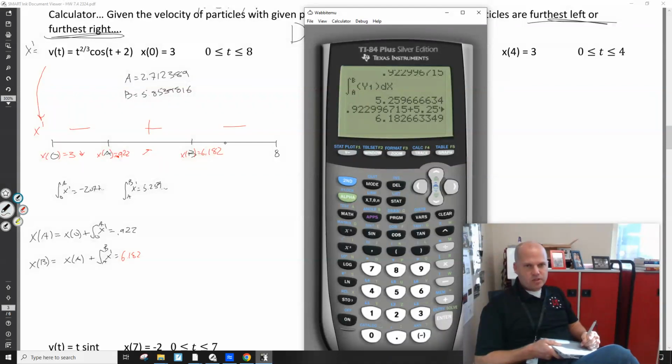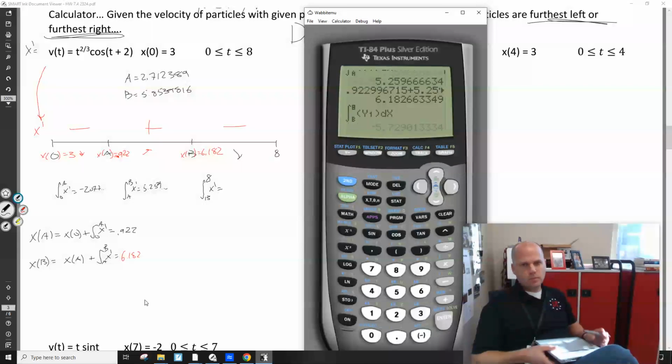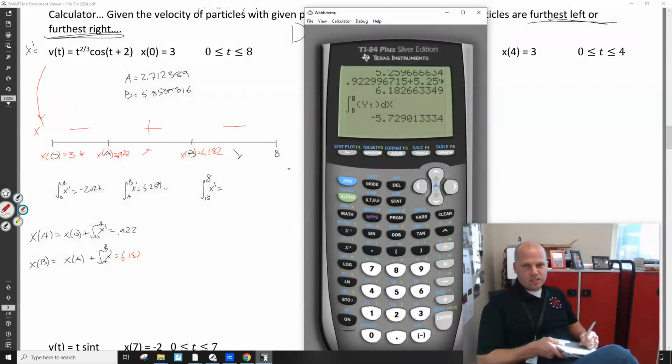Then I know that my position is going to decrease. Let's find out how much it decreases by finding the integral from B to 8. Accumulate my derivative to figure out how much I decrease or increase. Let's go from B to 8. And I decrease 5.729, which is a little bit more.